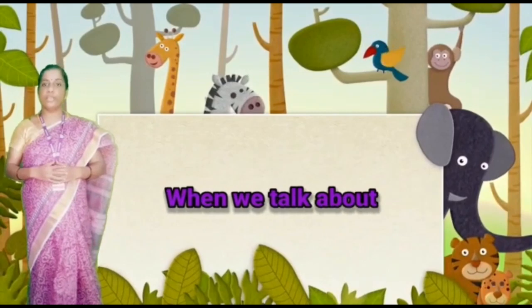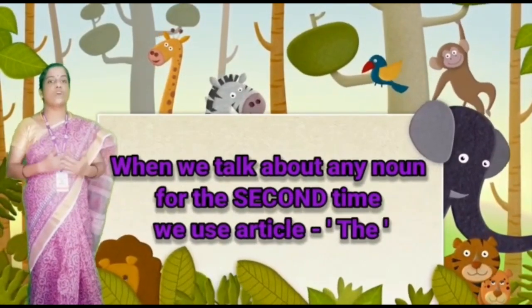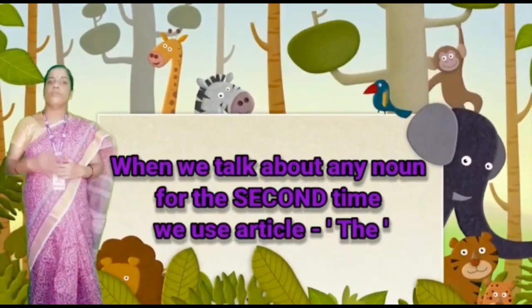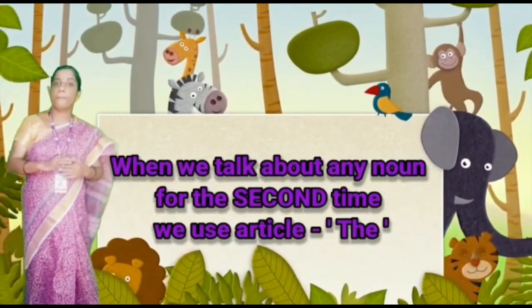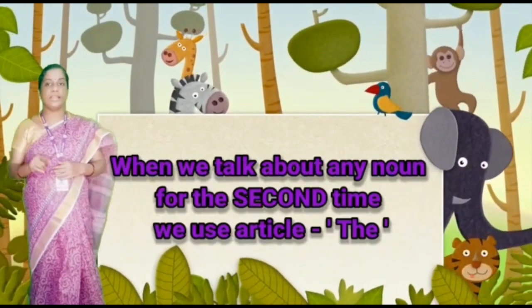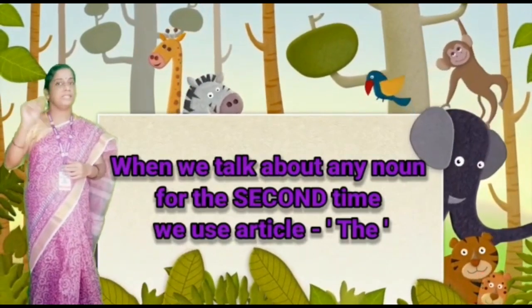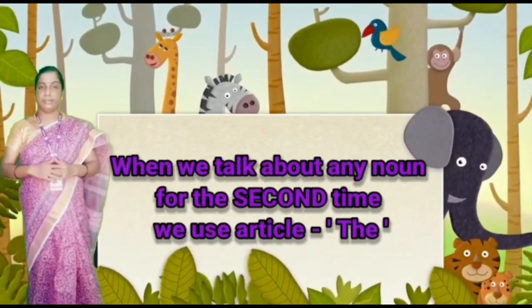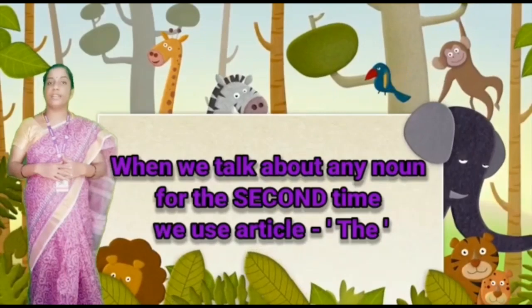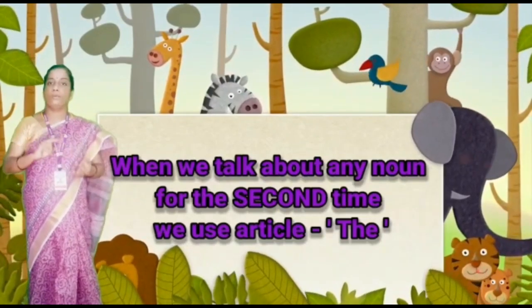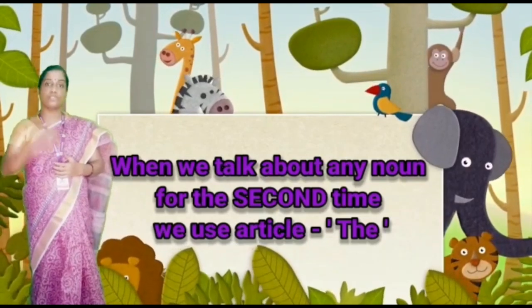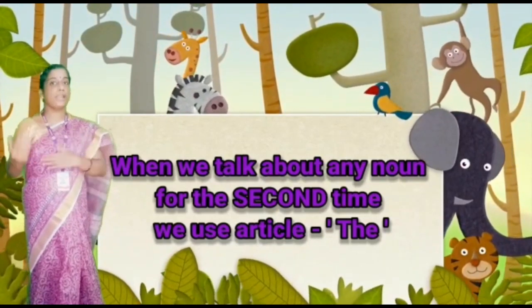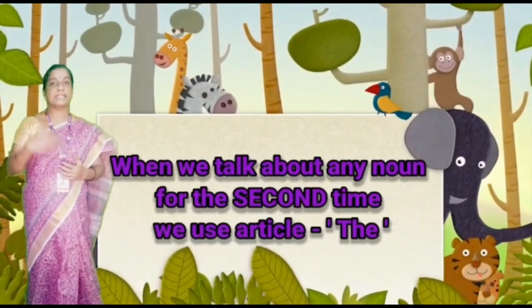And rule number two is whenever we talk about any noun for the second time, when it is repeated, we place the article the. So once again I repeat, children, rule number two: whenever we talk about any noun for the second time, that is the right place to place the article the.